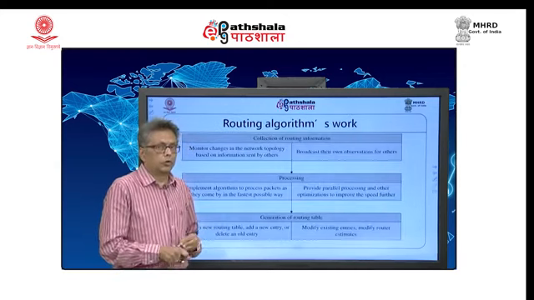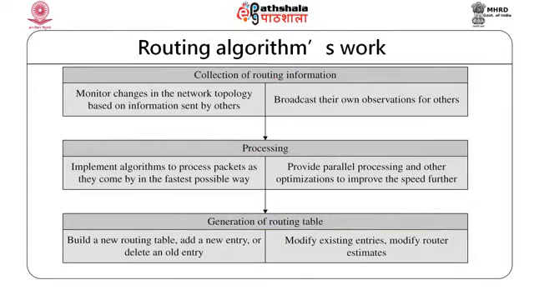Routing algorithms have some jobs that they will have to do. First, they will have to collect routing information, then process that routing information and generate the routing table. These are the three steps. In collection, they will have to construct their own information and send it to all, and also receive that information from others.